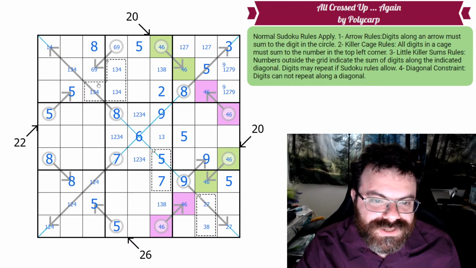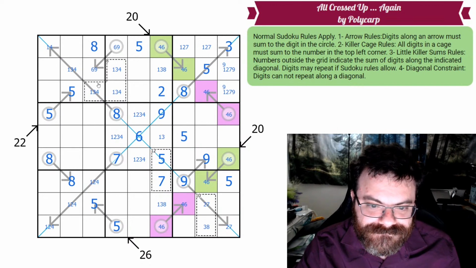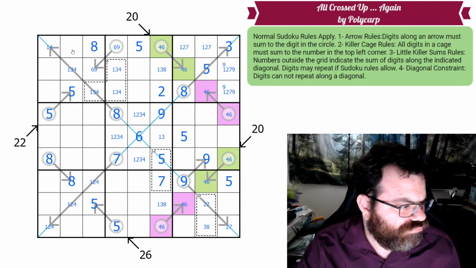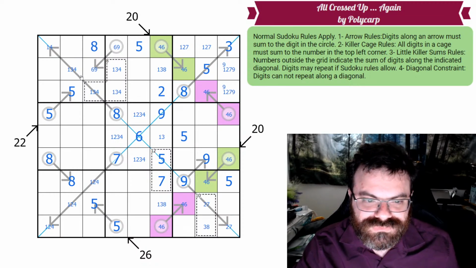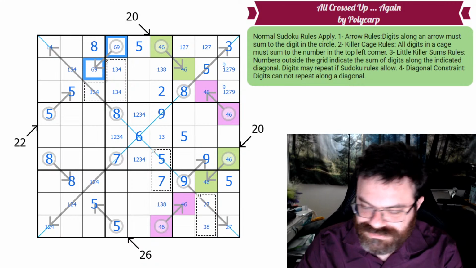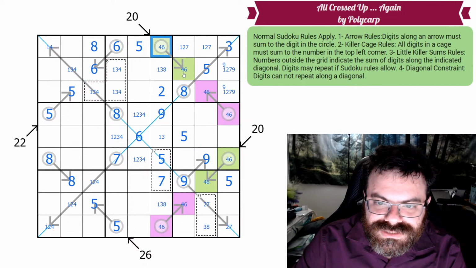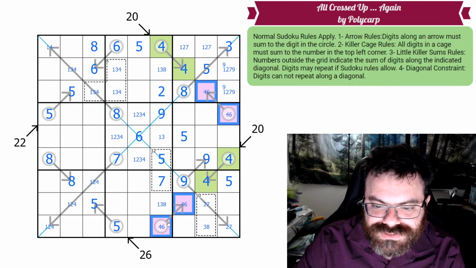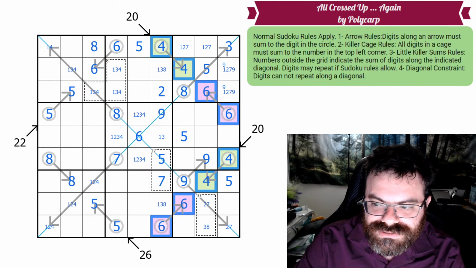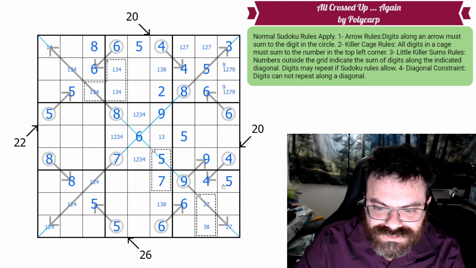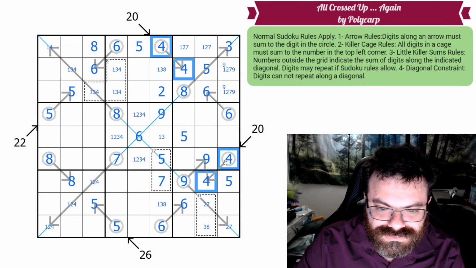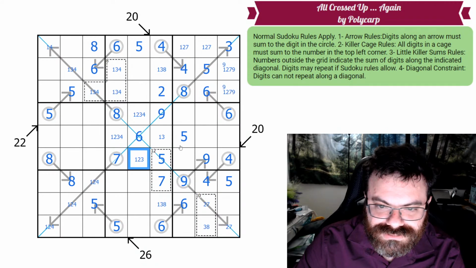The 6 in box 1. Oh, I see. We have these 5s now. Okay, so then these green's 4, purple is 6. Get rid of these colors. So this is not 4. That's not 4.